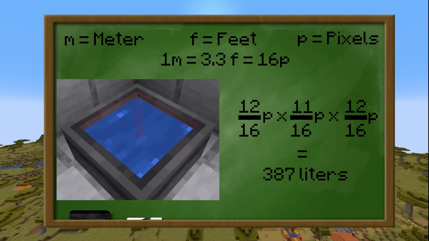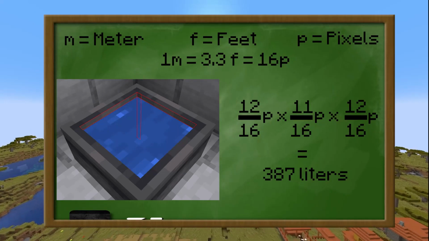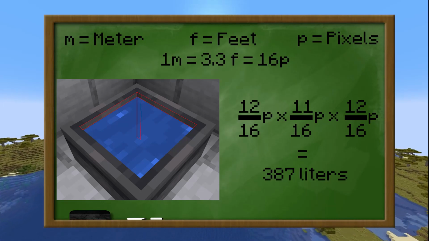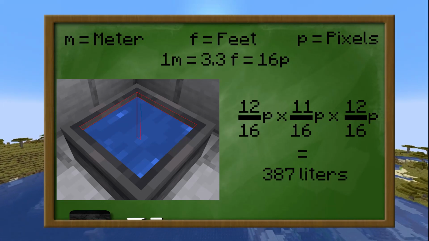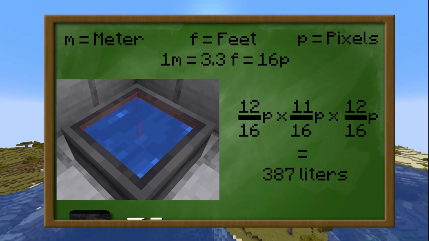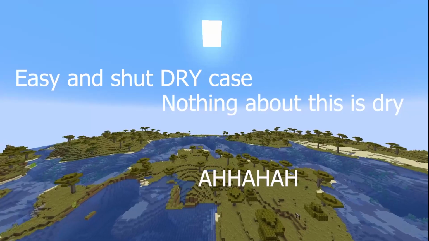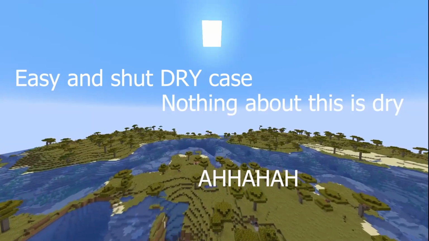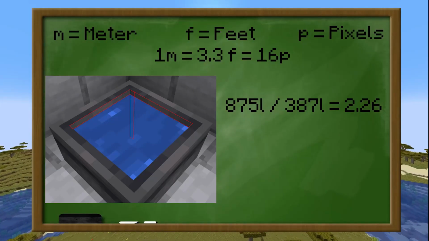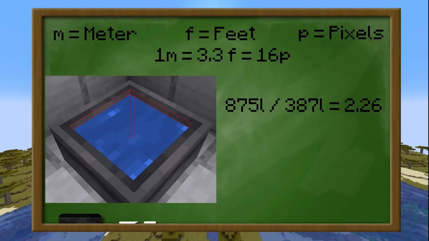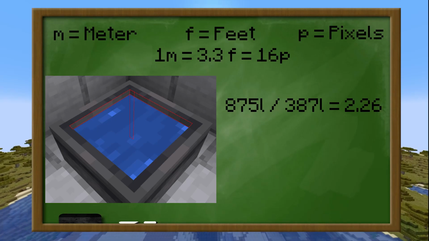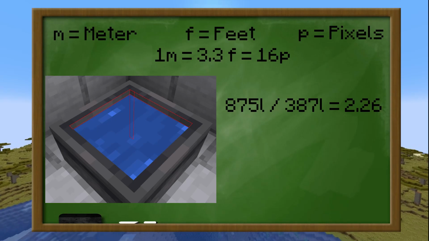But when you place a water bucket in the cauldron, it fills 12 by 12 by 11 pixels, so the water takes up 387 liters. Easy and right, although it's still 2.26 times less than when we had it placed down on the ground.